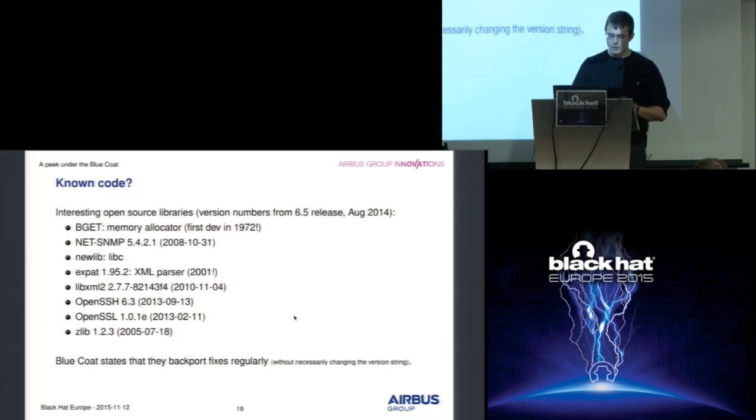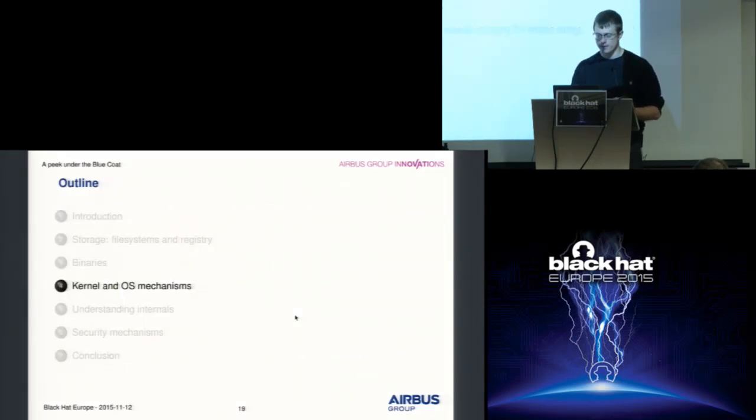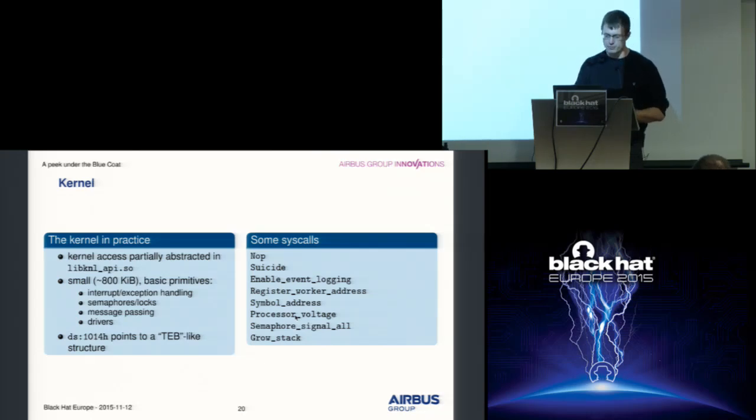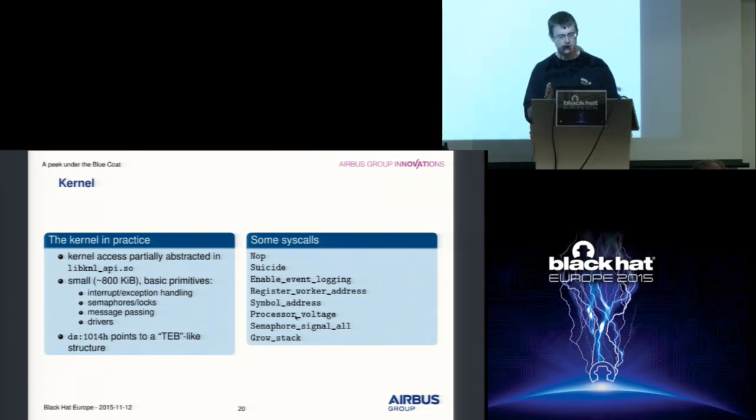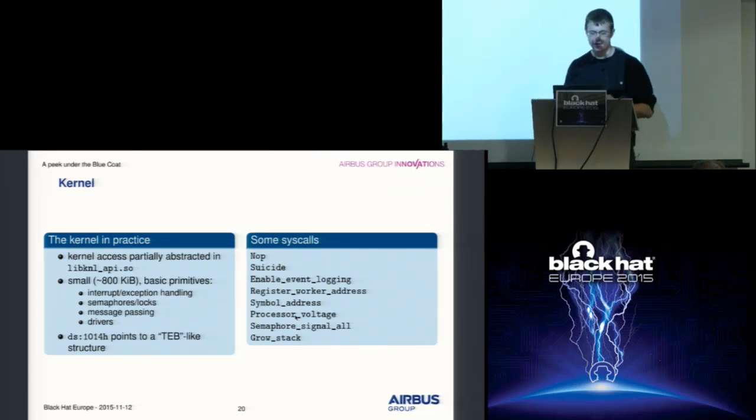So we have the binaries, and then we wanted to know about the kernel and the security mechanisms that you can have. So how does it work? Well, the kernel in practice is very small. It's 800 kilobytes, and it's just handling basic primitives like you would expect from a kernel, like interrupt and exception handling, semaphores, locks, message passing through processes, drivers.